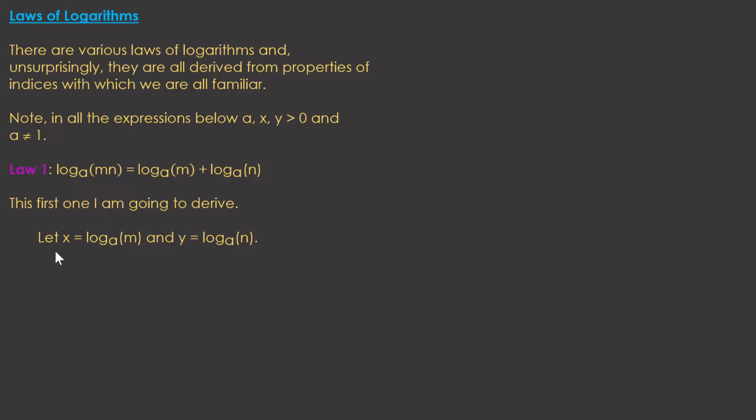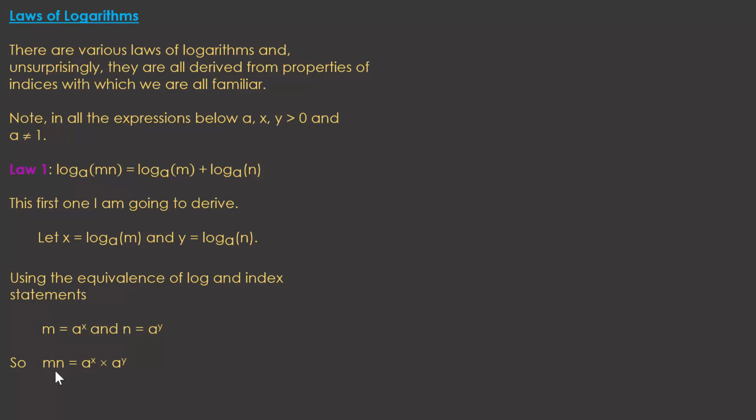So what I'm going to do is let x be equal to log of m and y be equal to log of n, note to the same base. Using the equivalence of log and index statements, I can then say that m is equal to a to the power x and n is equal to a to the power y.